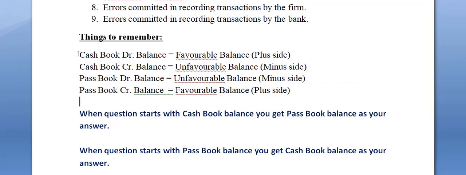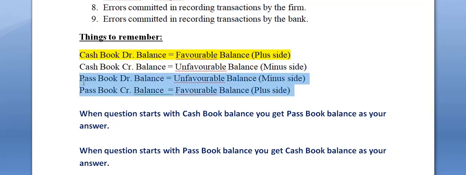So remember this one. Cash book debit balance is equal to favorable balance and it's recorded in the plus side, whereas passbook credit balance means favorable balance and it will be recorded towards the plus side. In cash book, debit balance is your favorable balance, whereas in the passbook, credit balance is your favorable balance.